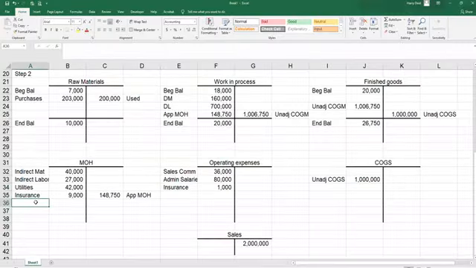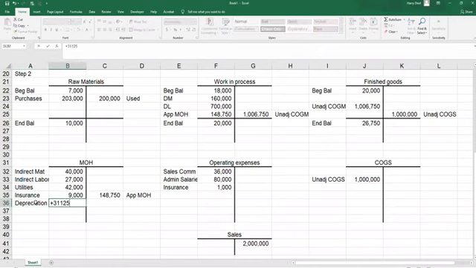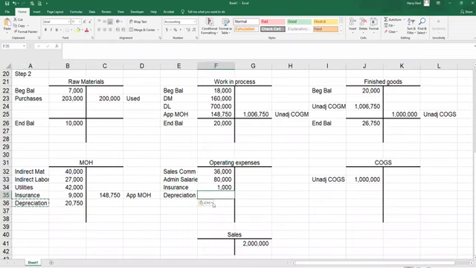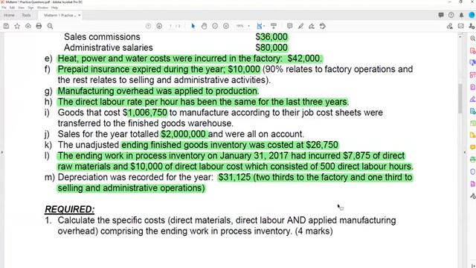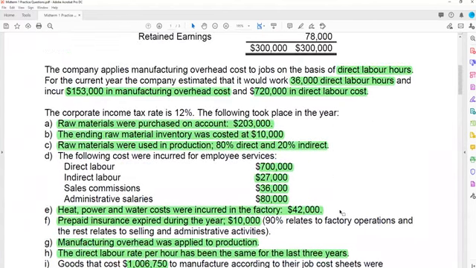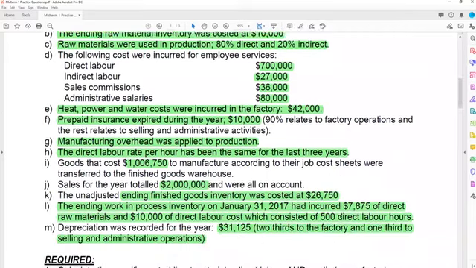So we're talking about depreciation here: 31,125. 2/3 of it, or 20,750, is to be added to manufacturing overhead, and 1/3 of 31,125, 10,375, is to be added to operating expenses. And that's it as far as the transactions are concerned.